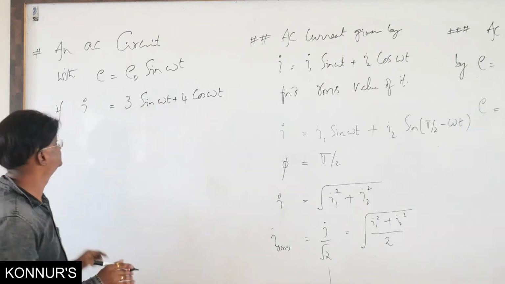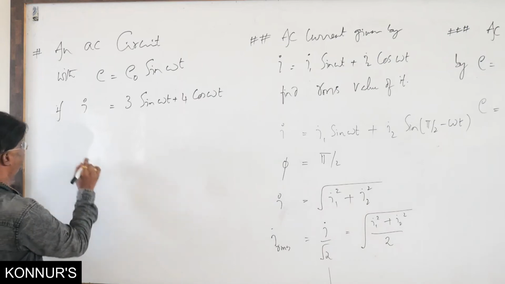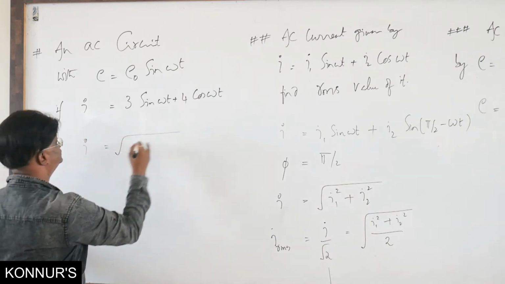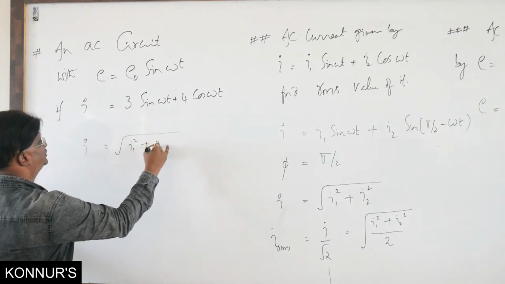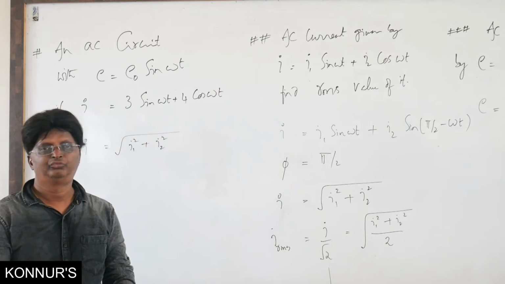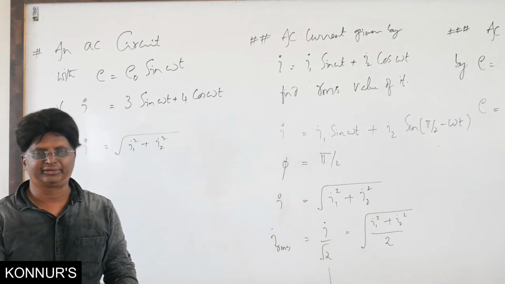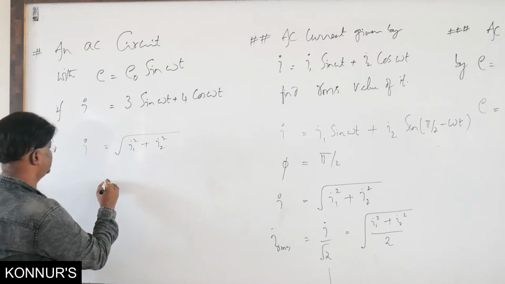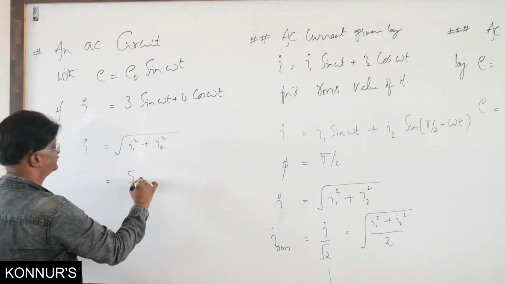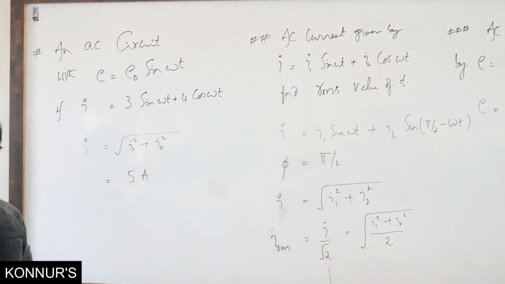So as a result, I is equal to root of I1 squared plus I2 squared. Doing that may give one kind of answer. It is 3 and 4, therefore the answer is 5 ampere.